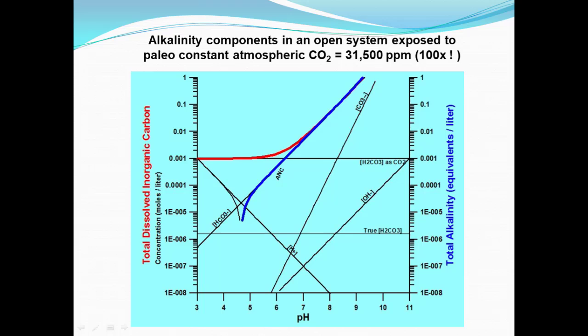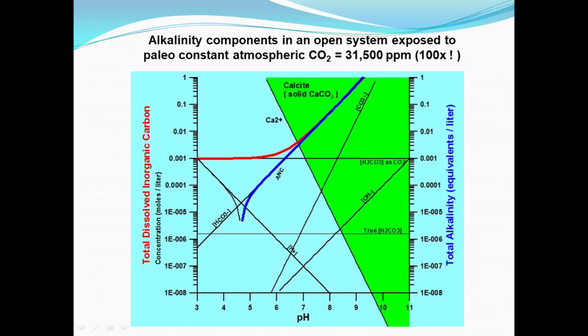I mentioned in the past the atmosphere was 100 times higher. That just shifts things around a little bit. So we have maybe a little higher concentrations over here. They shifted to lower pHs, but in general the same thing. The alkalinity goes up. The amount of carbon from the atmosphere goes into the solution, and we lock it up with CO3, the solid calcite.